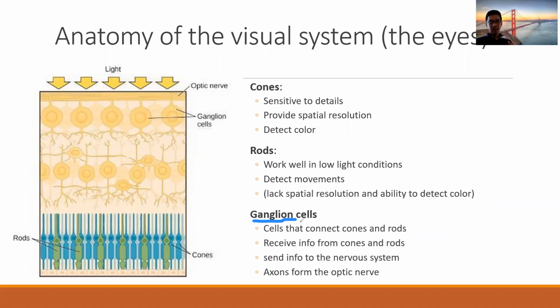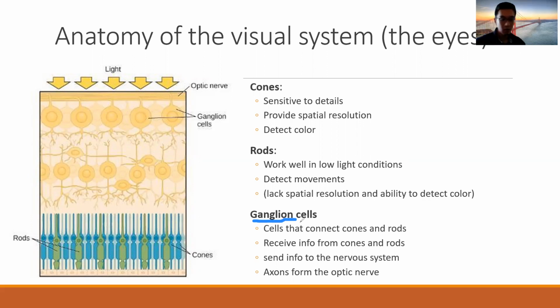This kind of cell connects to cones and rods, receives the information from them, and sends it to the nervous system, to the brain. And the optic nerve that we saw from the last slide, that bundle of neurons, is actually the axons of the ganglion cells.